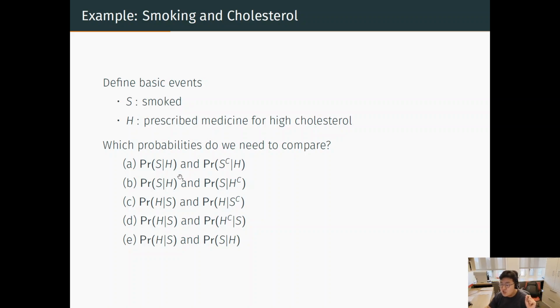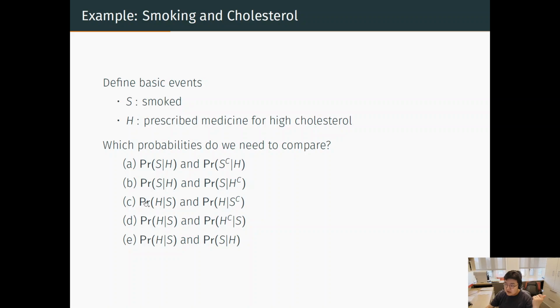The conditions are different. The condition is based on smoking history, and the main event, the probability, is attached to cholesterol. So the answer is C.